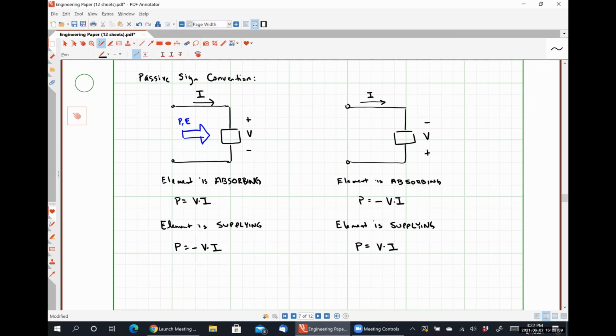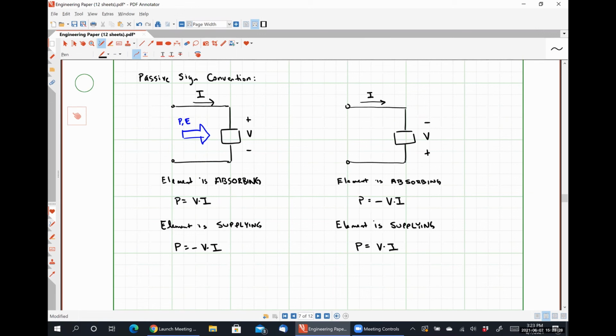This is something that is going to potentially trip up students who aren't paying attention for literally the entire duration of this class, and if you're an EE student, for the next couple of years, okay? It is a very simple concept, but it's also very simple to overlook as well. So the passive sign convention says that when the current is flowing into the positive polarity terminal, we are absorbing power.